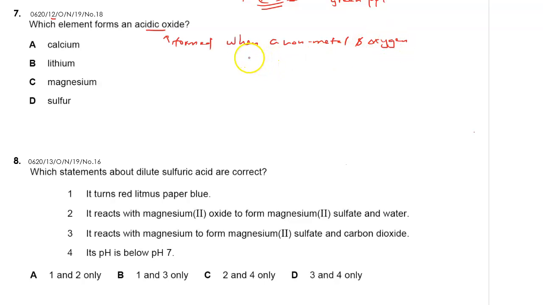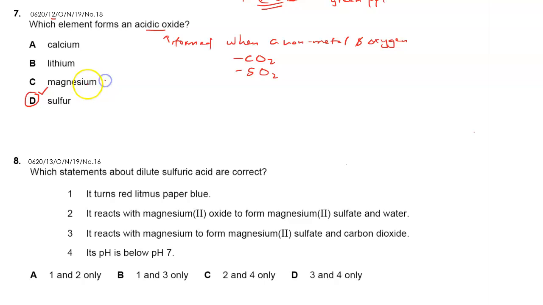An example here is carbon dioxide, which is an acidic oxide. Sulfur dioxide is also an acidic oxide. So which element forms an acidic oxide? A nonmetal with oxygen.